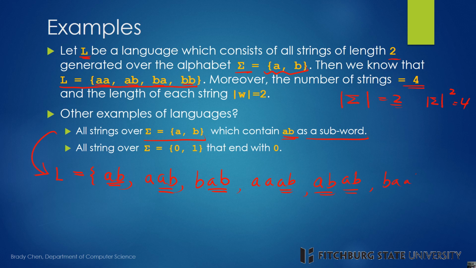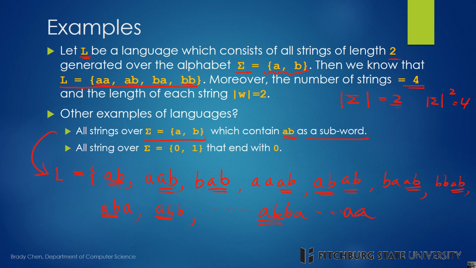BA, AB, right? It contains AB. And BB, AB. Or you can say AB, A, which contains AB, and AB, B, which contains AB as a subword. So you can create any string, A, B, B, B, A, as far as it contains AB.